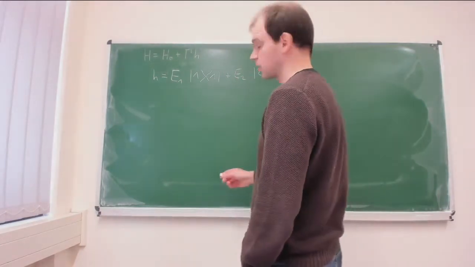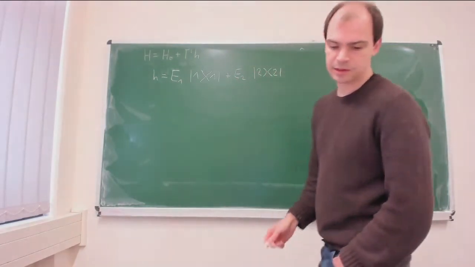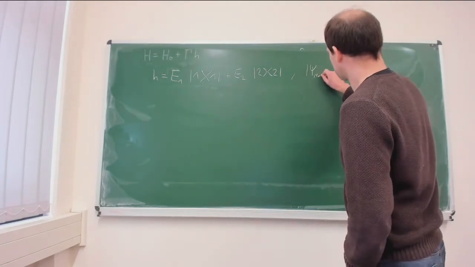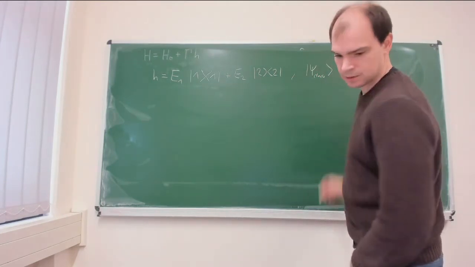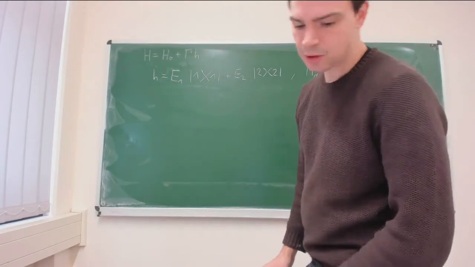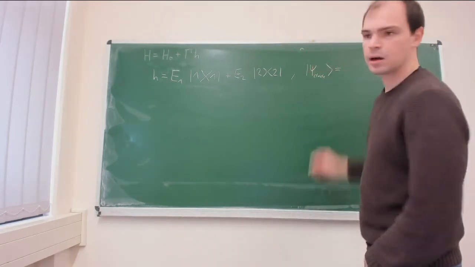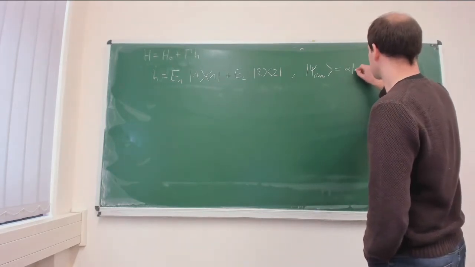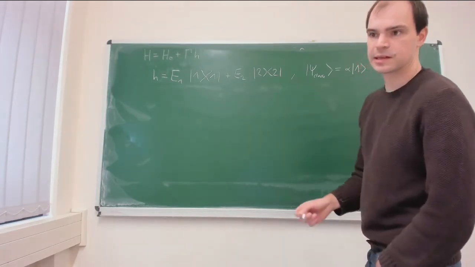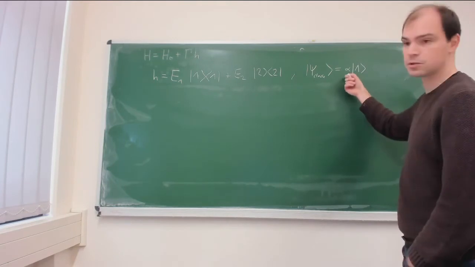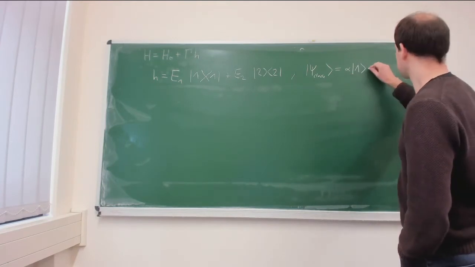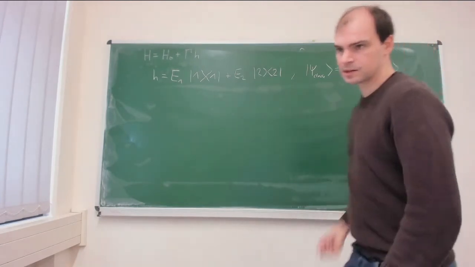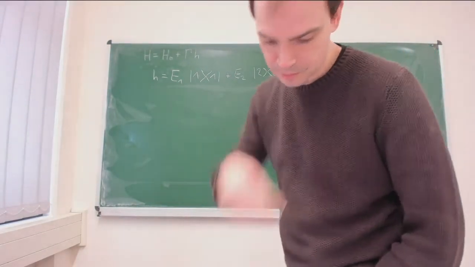And we assume that we have an initial state of our clock, which we call psi clock, which can be any superposition of those two energy eigenstates. So an arbitrary state that is characterized by two constants alpha and beta, and we express it in this energy basis.